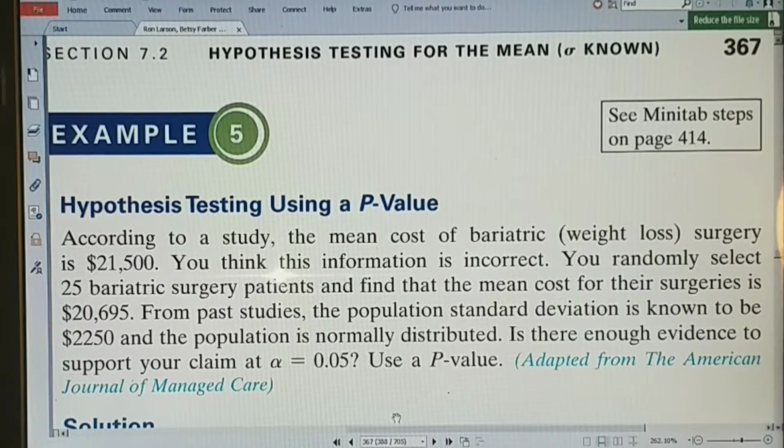From past studies, the population standard deviation is known to be $2,250 and the population is normally distributed. Is there enough evidence to support your claim at alpha equal to 0.05?